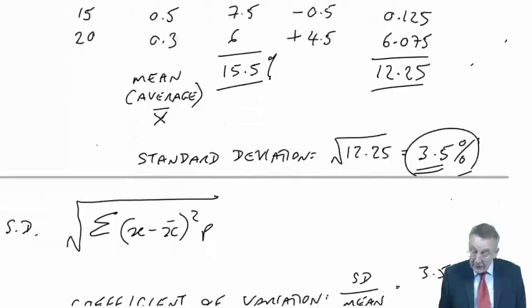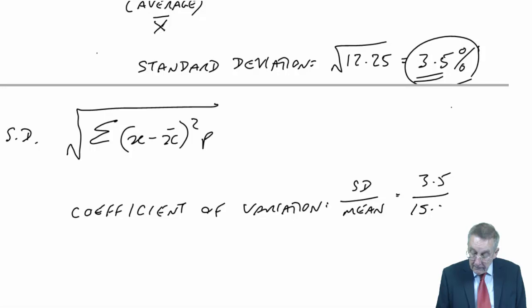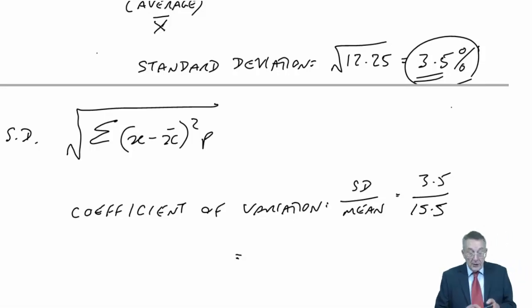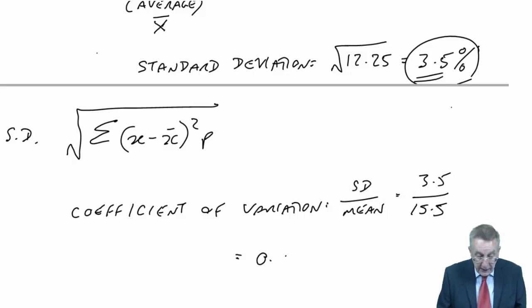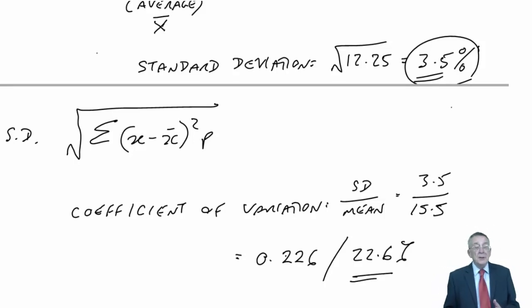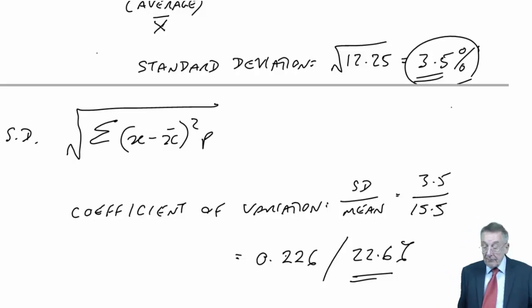Yes, the mean was 15.5. And so the coefficient of variation, 3.5 divided by 15.5, is 0.226, or 22.6%. It doesn't really matter how you write it, but it gives an order of magnitude. If the standard deviation were 0.5, it would be a tiny little spread compared with the 15.5 mean. Okay, so that's it for chapter 11. We're nearly there.